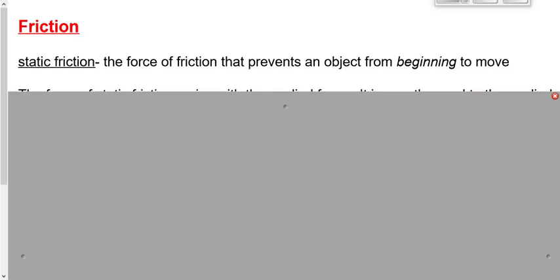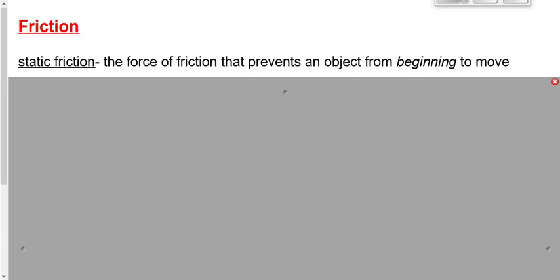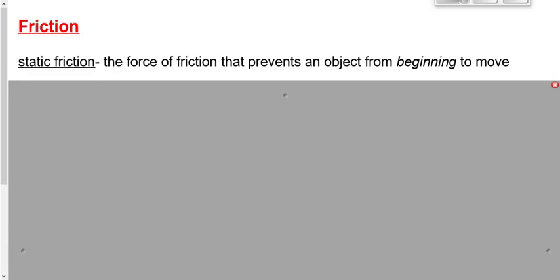Now there are 2 kinds of friction. One's called static friction. Static means what? Not moving. So static friction means not moving friction. It's the force of friction that prevents an object from beginning to move. This is not the toboggan sliding at the bottom of the hill coming to a stop.